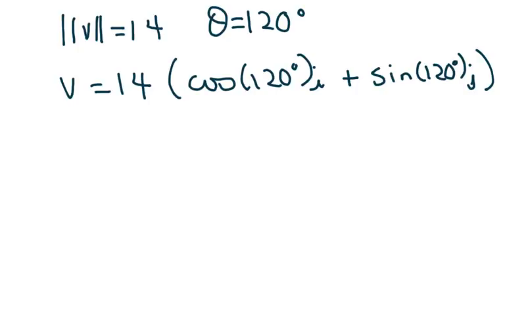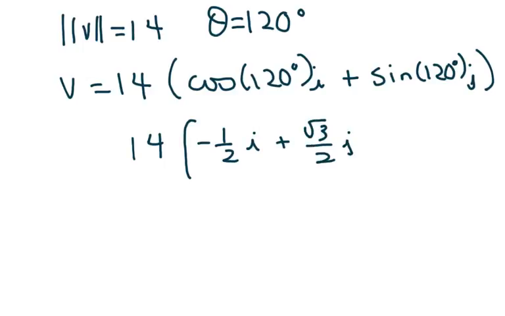And that's going to give us negative 1/2 i plus square root of 3 over 2 j, which equals negative 7 i plus 7 root 3 j.